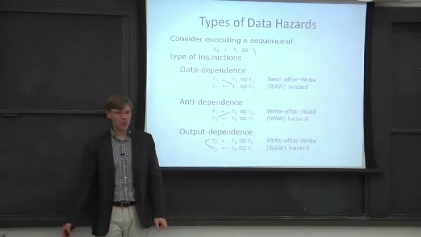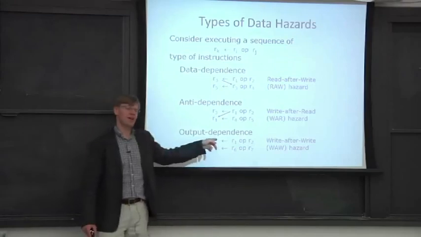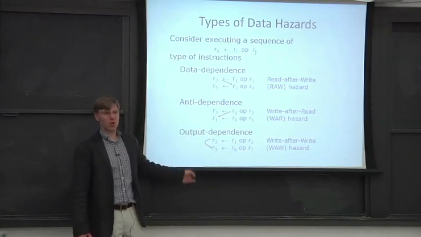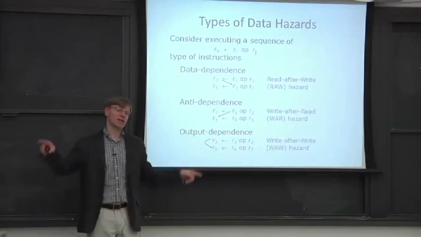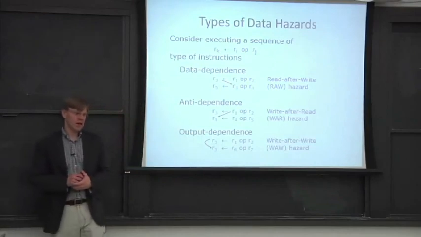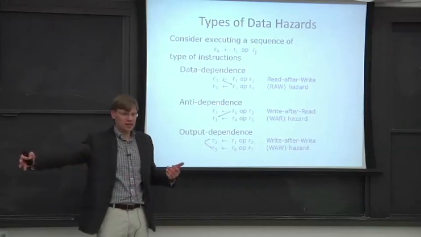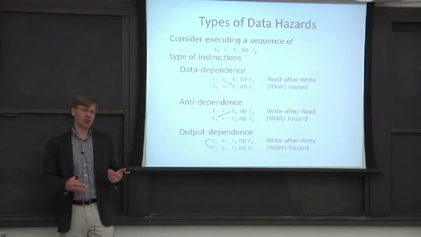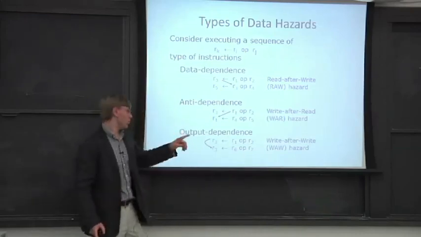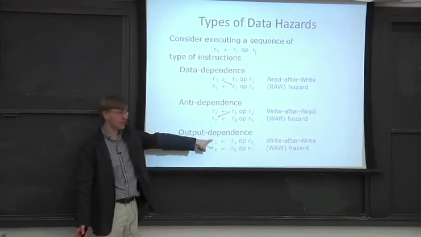OK, output dependencies. This is something you could even think of happening on a simple in-order processor core if you write back to the register file from different stages. Let's take an example. If you have a multiplier, like in your lab, which is going to write at the end of the pipe and have a very high latency, and then you have an instruction like an add, which tries to write to the register file early, you might actually write this instruction's result to register 3 before that instruction's result.